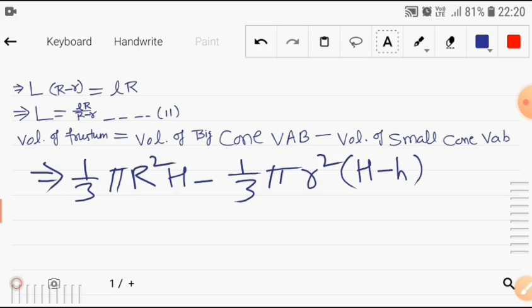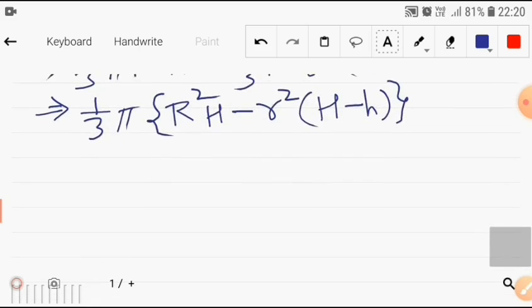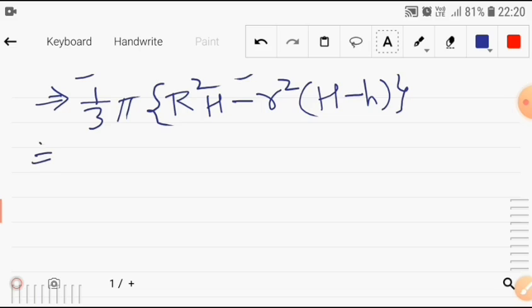Okay, next line. By taking 1/3 pi as common and writing the remaining terms within the bracket, we'll get R square H minus r square (H minus h), bracket close. Next line, pi by 3.